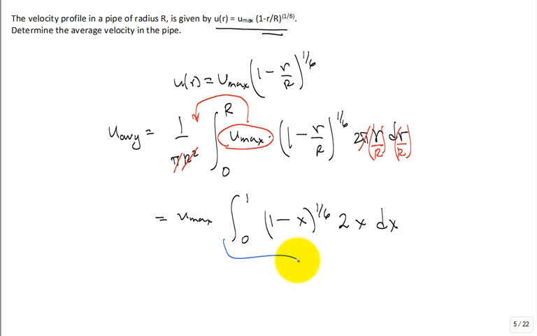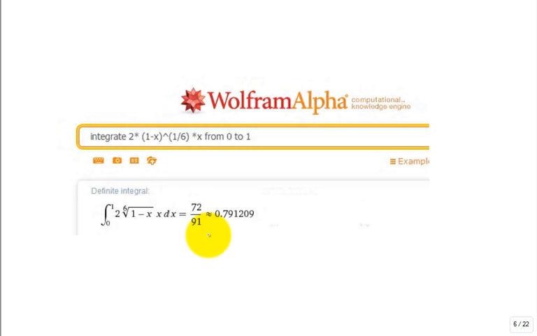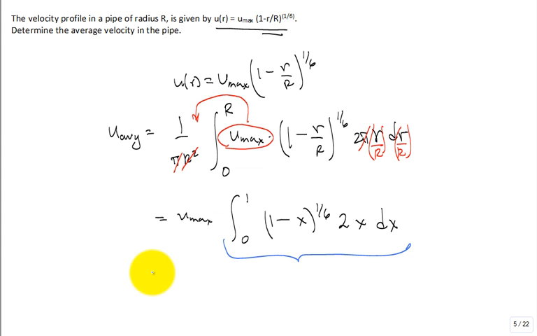Get some help or review how to do the integrals. Type it into Wolfram Alpha. So far it's been free, and you find that it's around 79.1%, and so the average is around 0.791 u max.